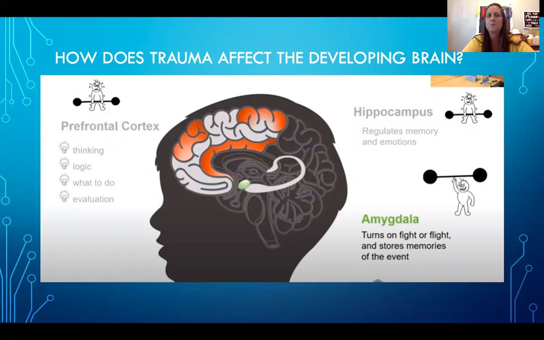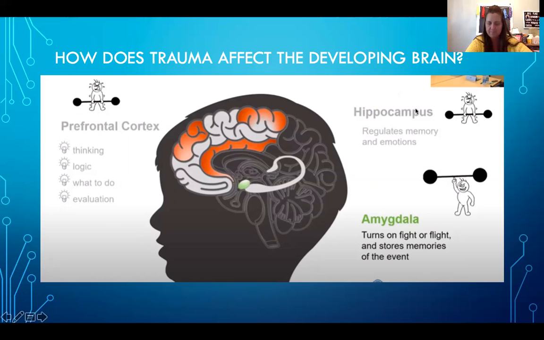And so really, I'm going to talk to you about the prefrontal cortex, the hippocampus, and the amygdala. Those 3 parts of the brain have very different jobs. Your prefrontal cortex is your learning brain. It's responsible for thinking and logic and what to do and making decisions, evaluation. It's responsible for impulse control. So this is really your learning part of your brain.